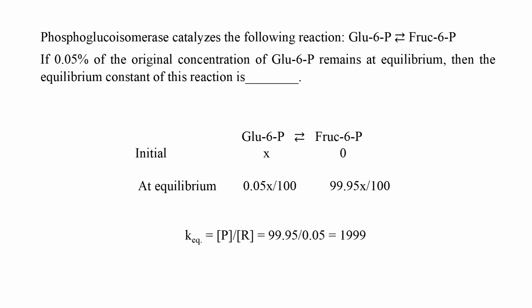So we will write 0.05 X by 100. So the fructose 6-phosphate will be 99.95 X by 100, that is 99.95% of the initial concentration of glucose 6-phosphate. K equilibrium is the concentration of product divided by concentration of reactant. So it comes out to be 1999. So the answer for this question is 1999.